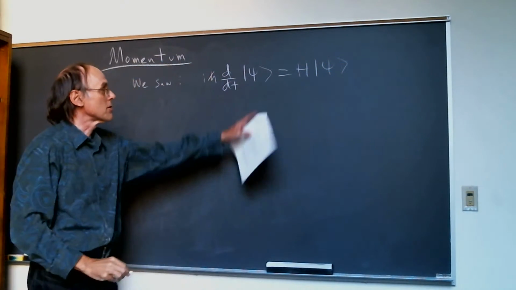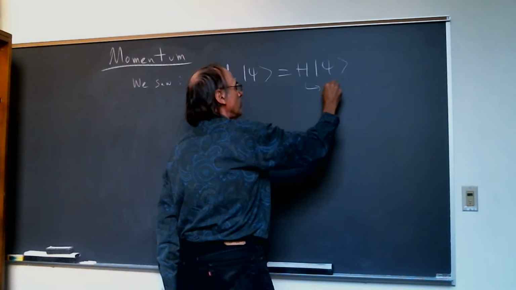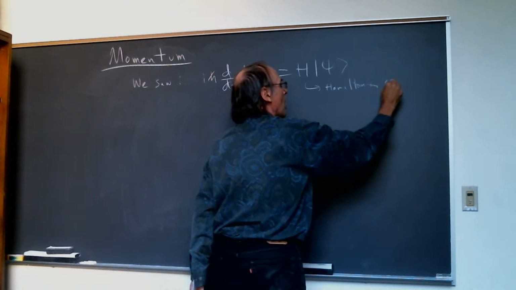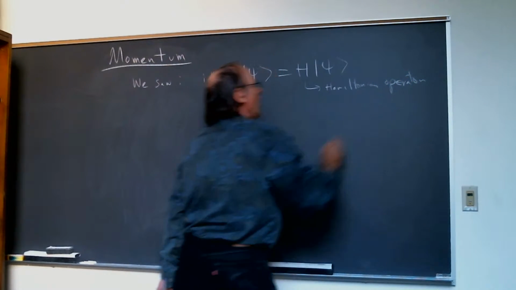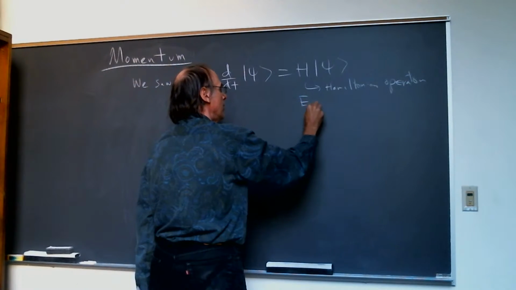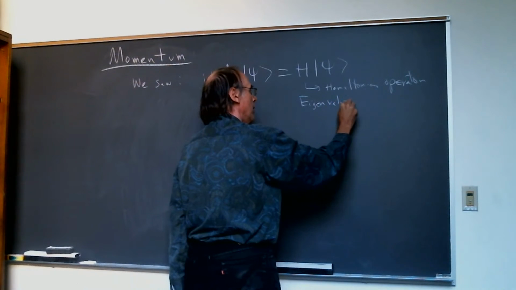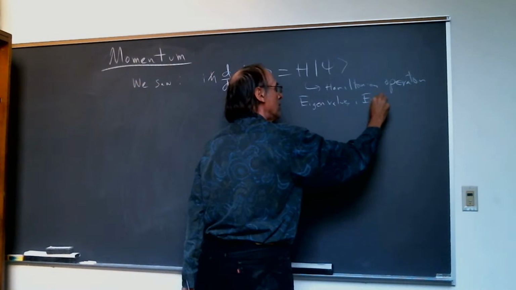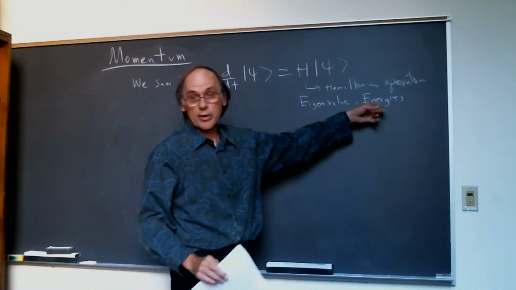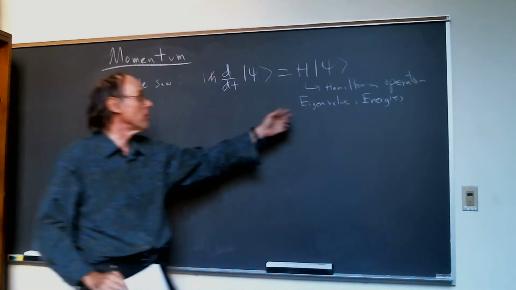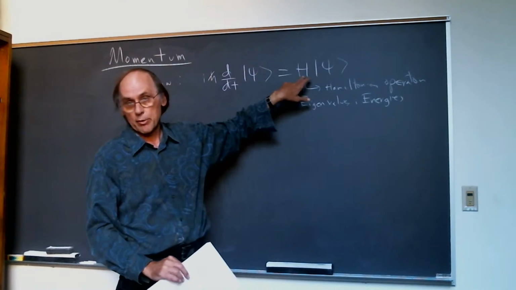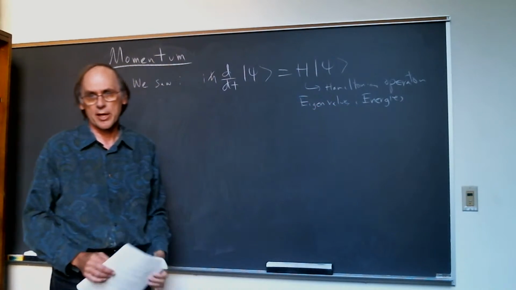So this was called the Hamiltonian operator, and it had its eigenvalues. These are energy. So its eigenvalues have a physical interpretation: if you're talking about the energy of a system, you mean that you've got a state which is an eigenvector of the Hamiltonian, and its eigenvalue is that energy.